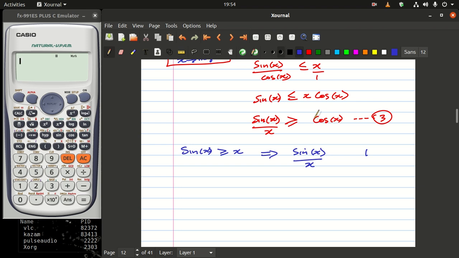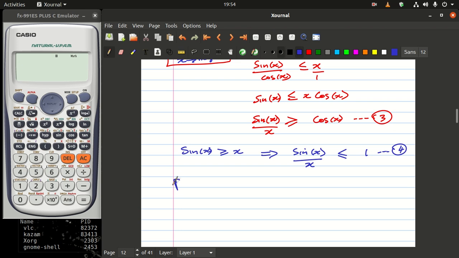Now remember that here the inequality was going this way, but my x is negative, so the inequality needs to reverse the direction. Because the inequality is reversing the direction, I'm going to call this equation 4 and combine these two.